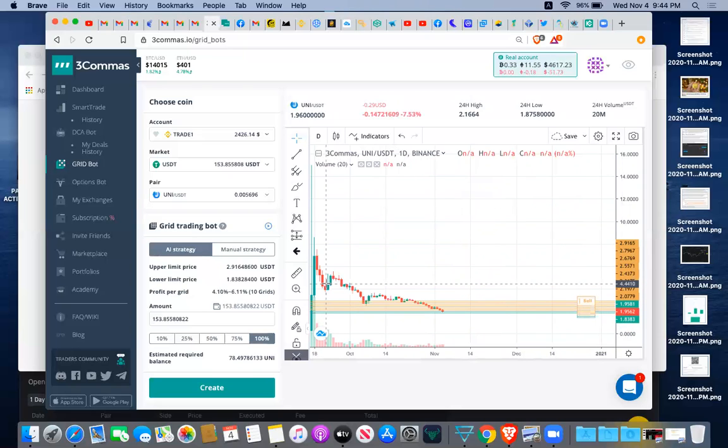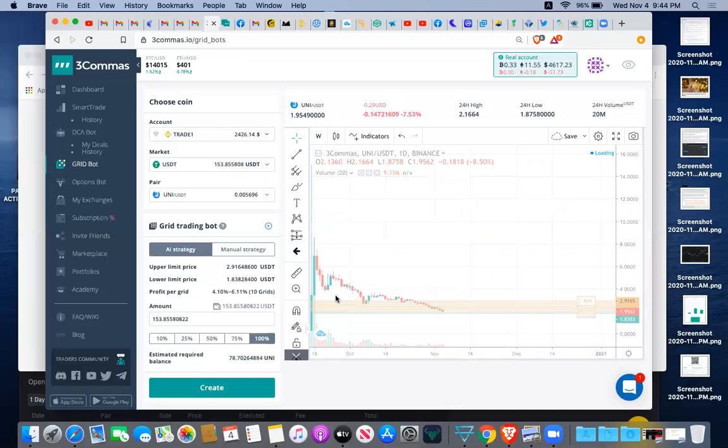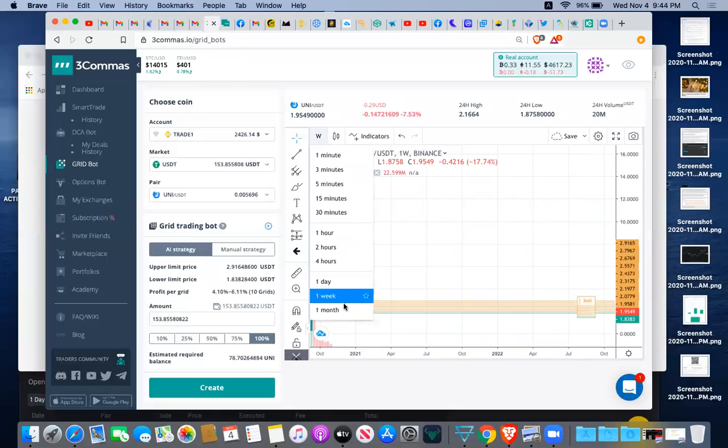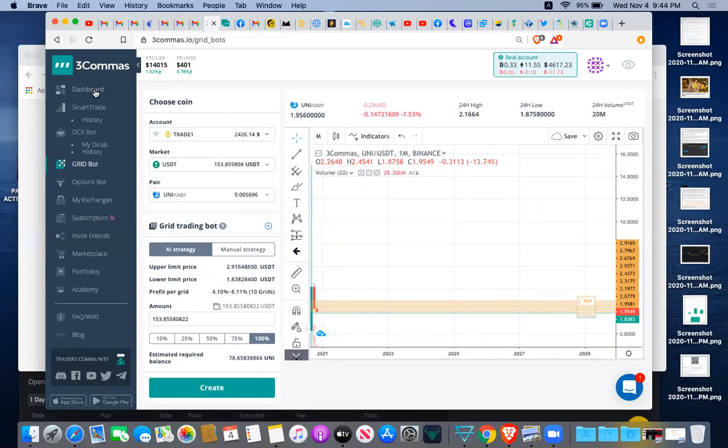It's not sweet at all. There's so much limit on this coin. Okay, so there's no point.